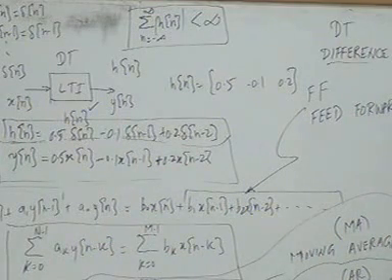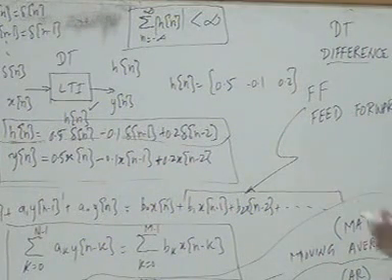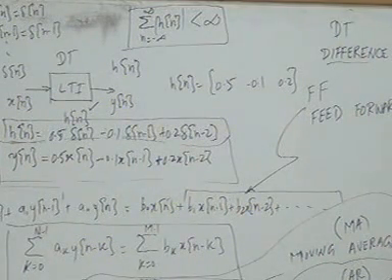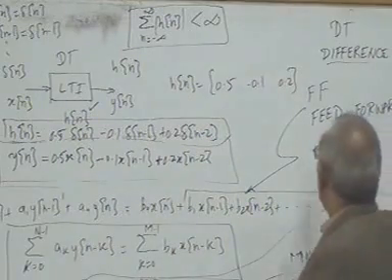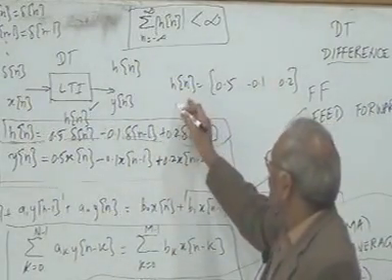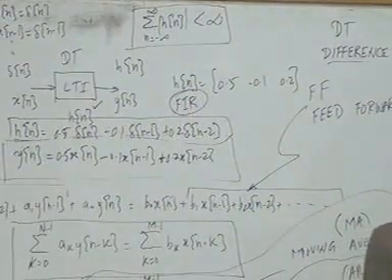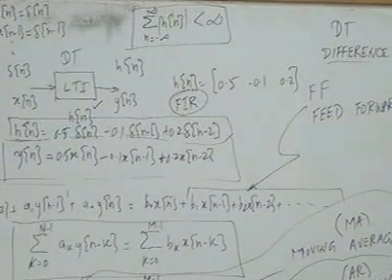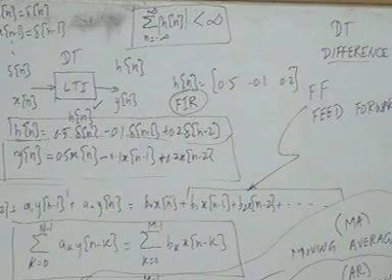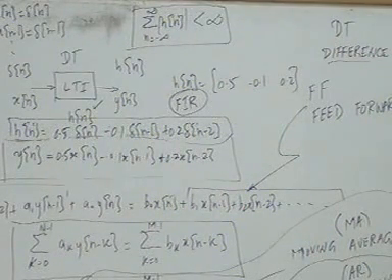So for moving average, we can easily find the impulse response, and you will see that it is always going to be finite. All the moving average systems will have a finite impulse response.